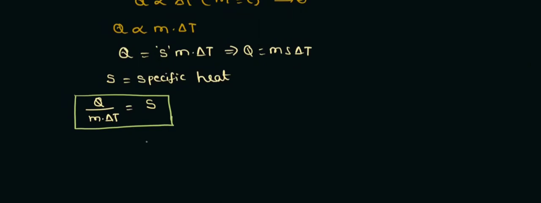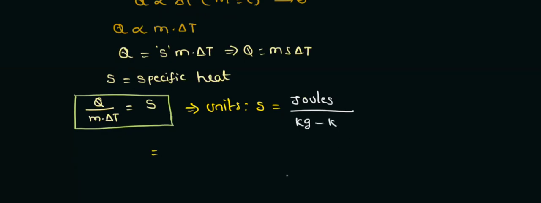The numerator Q is in joules, per mass in kg, and temperature in Kelvin. So joules per kg Kelvin is the unit of specific heat.